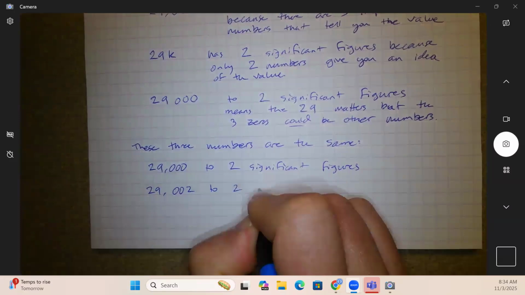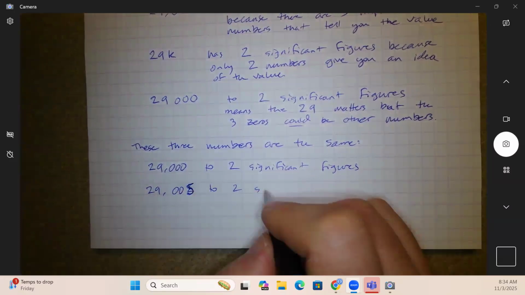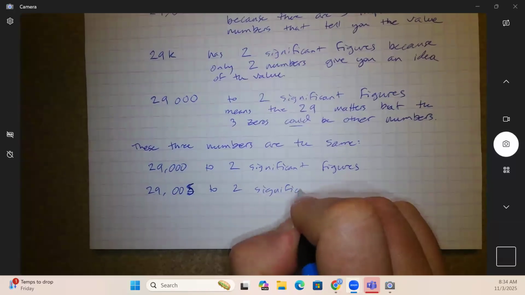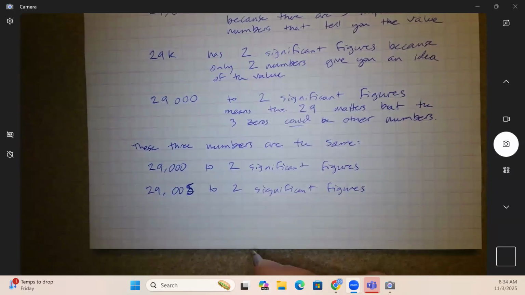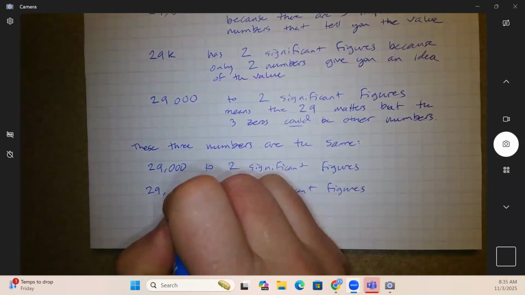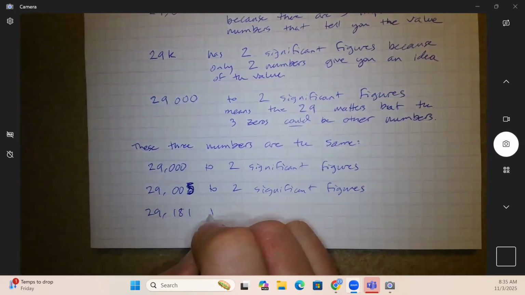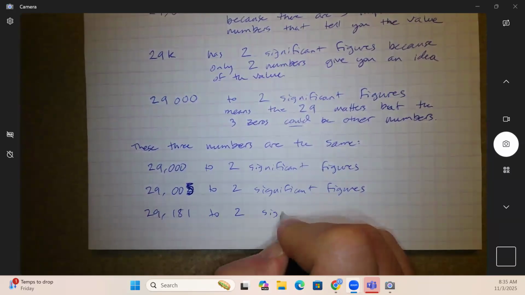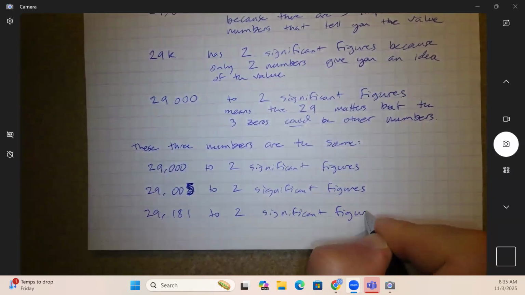29,005. Let me do 5 just so I don't use the same numbers all the time. To two significant figures. And 29,181 to two significant figures.